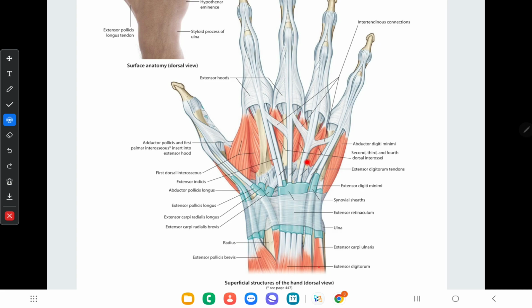So the elbow extension is disrupted, because triceps brachii is responsible for elbow extension, and when the nerve is damaged there is no innervation to the triceps muscle. Therefore elbow extension is lost.